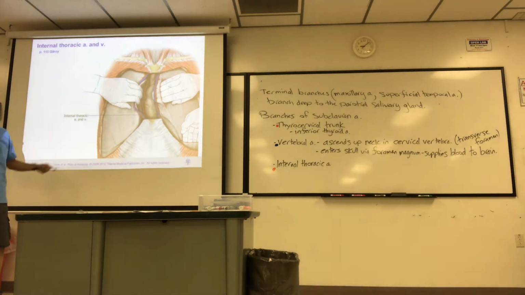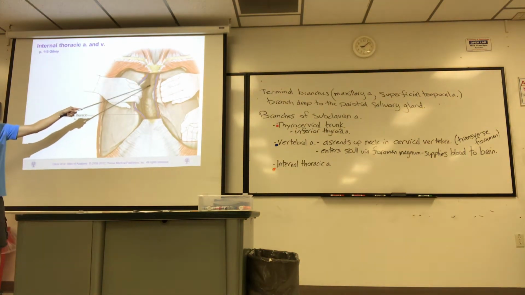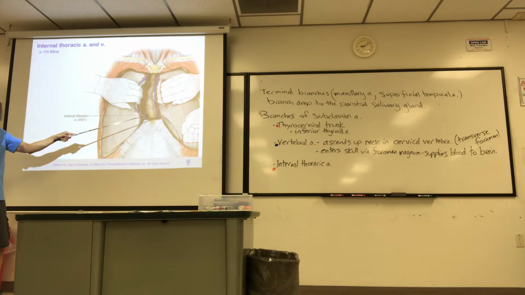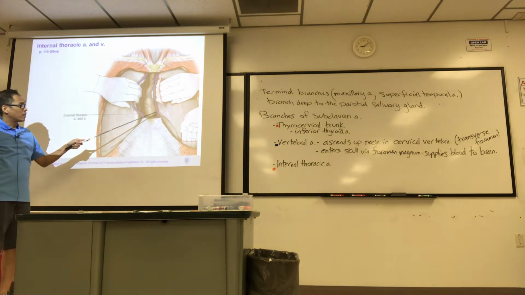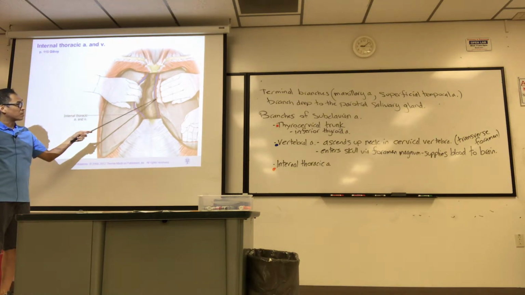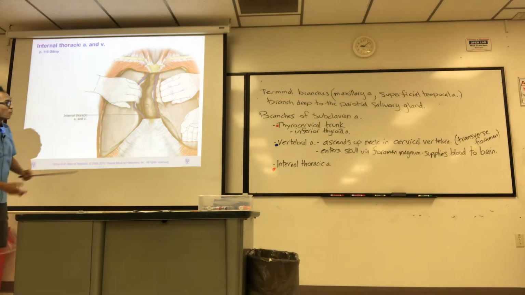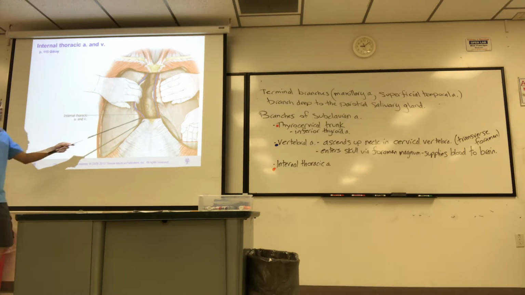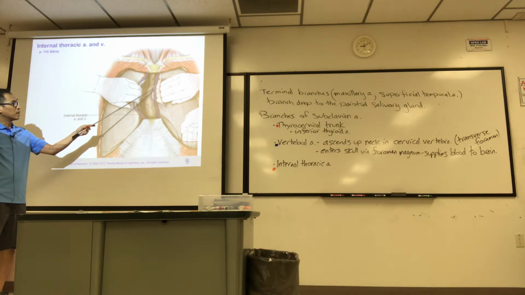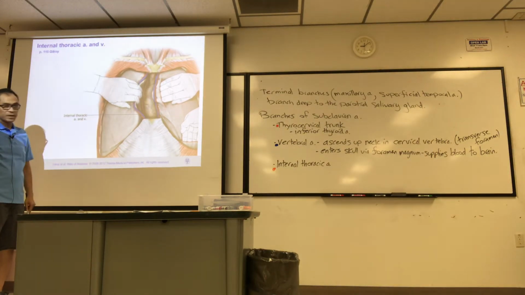Do you see how the sternum would be right there, but it's been removed? And do you see how the internal thoracic is giving up all these little branches? I don't know if you remember studying the posterior intercostal arteries. Those are branches of the thoracic aorta. These are the anterior intercostal arteries that branch off the internal thoracic.